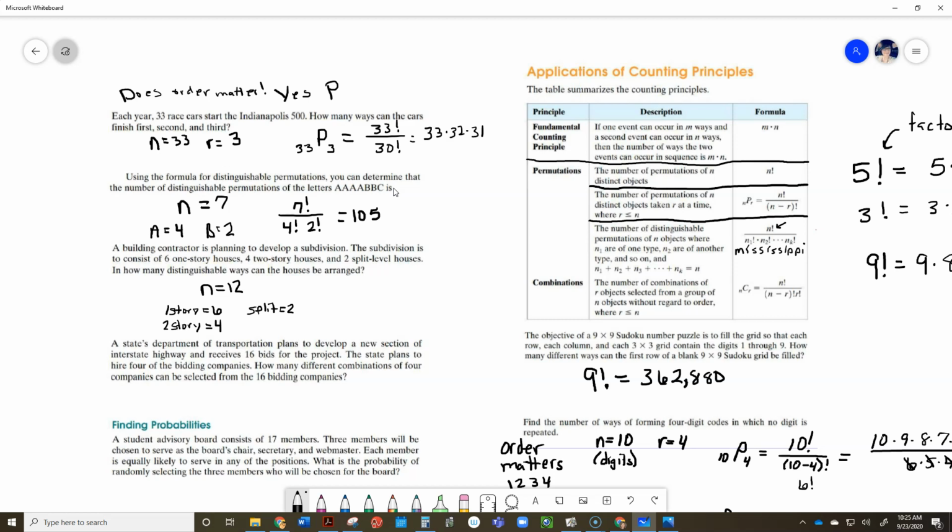All right. So to figure out how many different ways I could arrange these different types of houses, I do 12 factorial on top and then divide out the repeats. 6 factorial divided by 4 factorial divided by 2 factorial. And then go to your calculator and work that out.